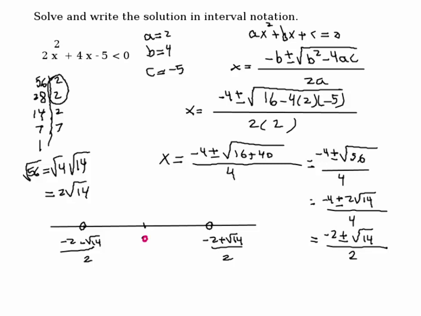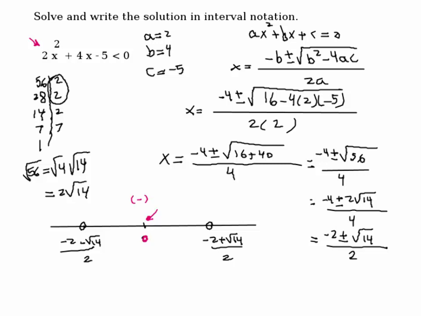Let's test 0. If I let x equal to 0 over here, what do I get on the left-hand side here? 2 times 0 plus 4 times 0 minus 5. Would it be positive or negative? Negative. So 0 would cause the left-hand side of the inequality to become negative.